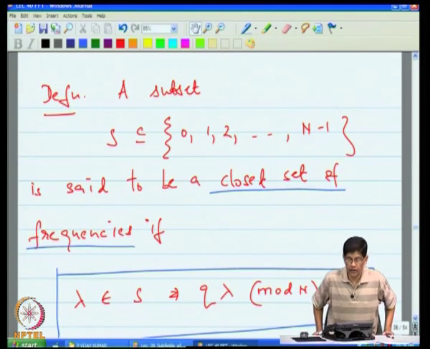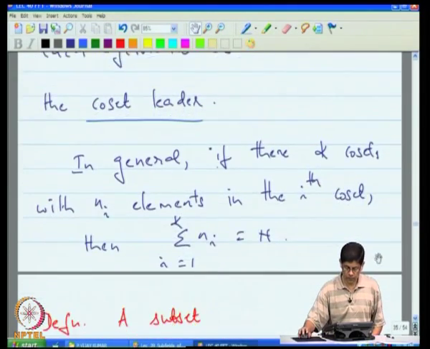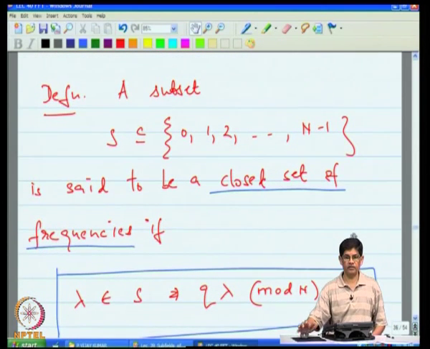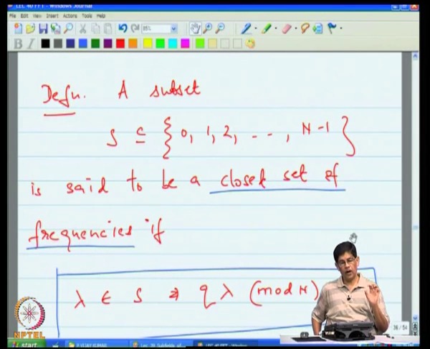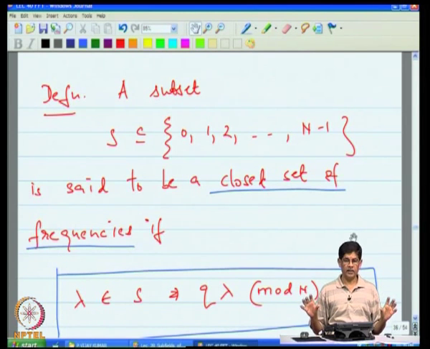Okay. So, just to quickly recap, what we have done so far is say, look, our interest is in cyclic codes. We defined what it means to talk about a cyclic code. We said that now we are going to apply our transform theory to the code words. That is, I am going to have a code word, I am going to treat that as my time sequence, and then I am going to compute its transform. Okay. And then in the transform domain, we are going to actually divide the frequencies into equivalence classes, which are called cyclotomic cosets.